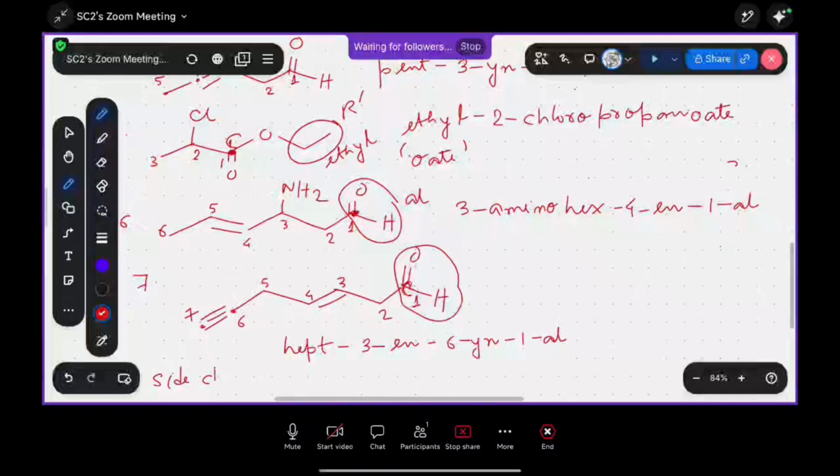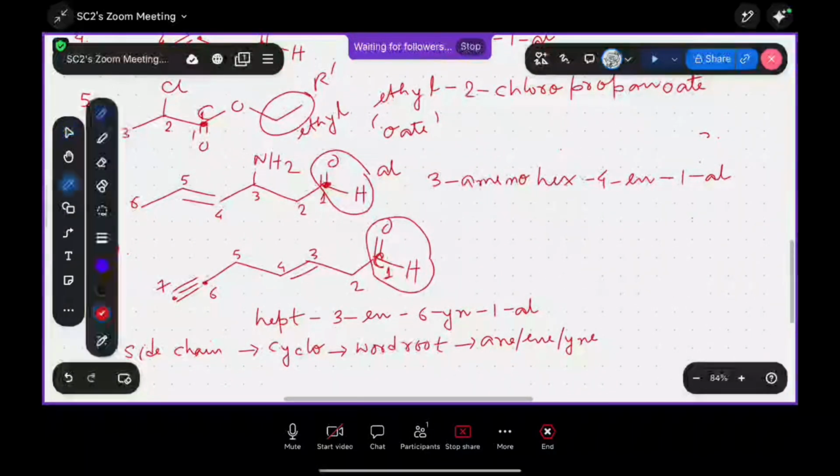Side chain with the locant in alphabetical order. From that we move to cyclo. If any cyclic ring is there, we use cyclo. From that we move to the word root. Word root means the number of carbon atoms in the parent chain. Then we move to an, en or yn, depending on the nature of the carbon-carbon bond.